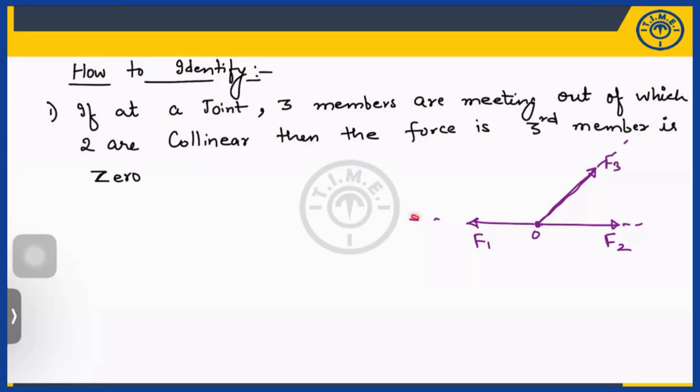Let us suppose one member is this one, another member is this, another member is like this. Out of these three members, two are collinear. That means if two are collinear, then the force in the third member will be zero. How will it be zero?